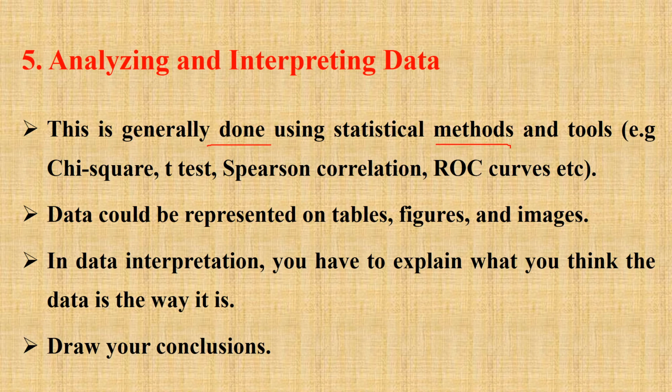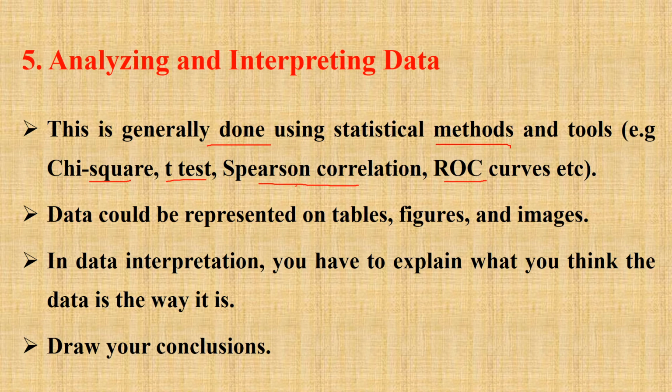Okay, as examples of such statistical methods, we have the chi-square test, we have the student t-test, we have the Pearson correlation test, we have the receiver operating characteristic curves. Okay, we have the analysis of variance, that is ANOVA, and many other statistical methods that we can use in analyzing our data.